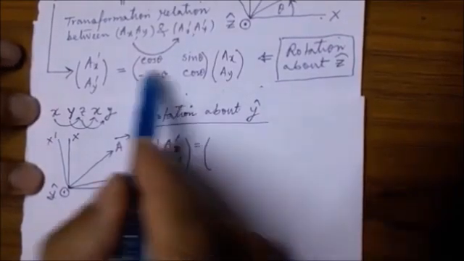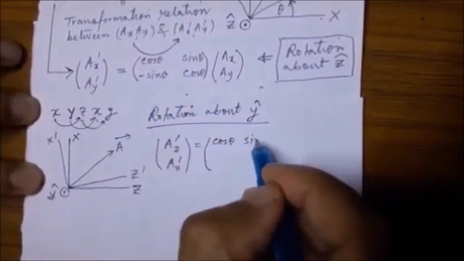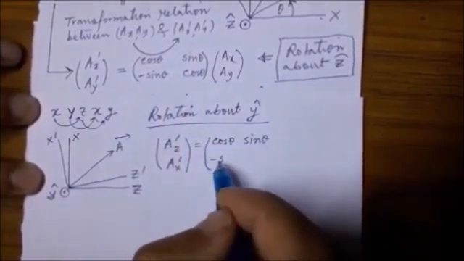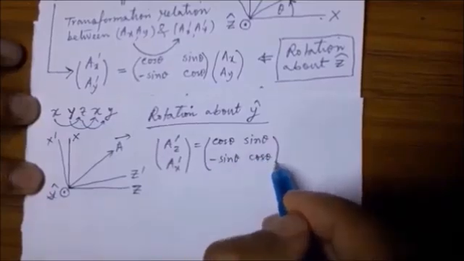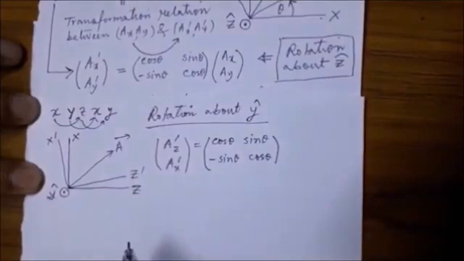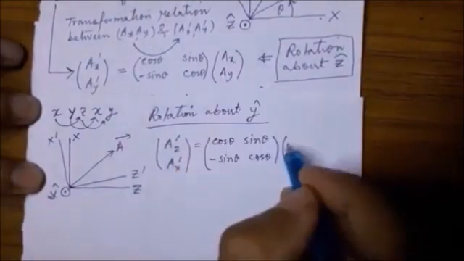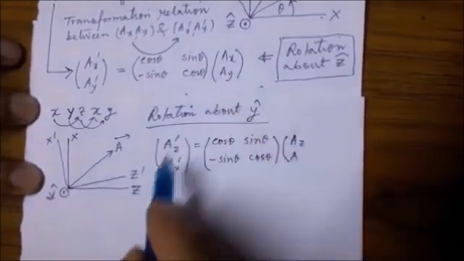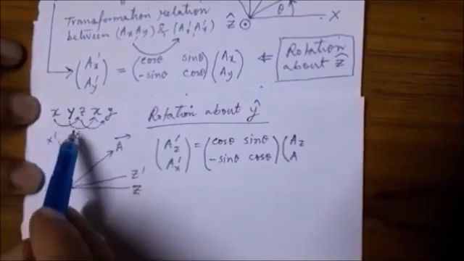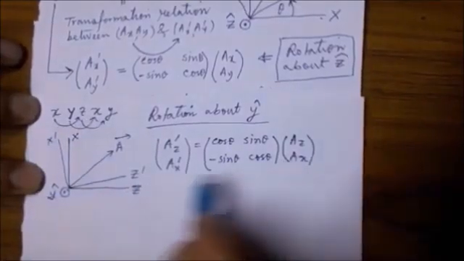And now we'll write the same matrix, rotation matrix here. This matrix is called the rotation matrix. We'll discuss about it later. Instead of ax we will have az, instead of ay we will have, after y comes z, then comes x, so it will be ax. So this is the answer.